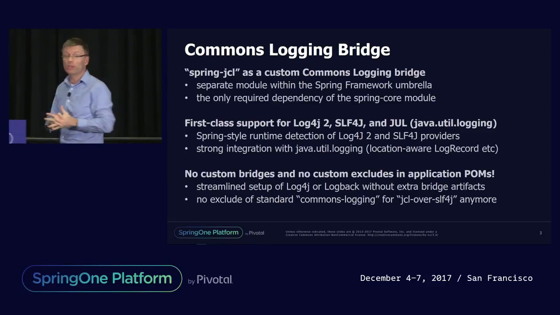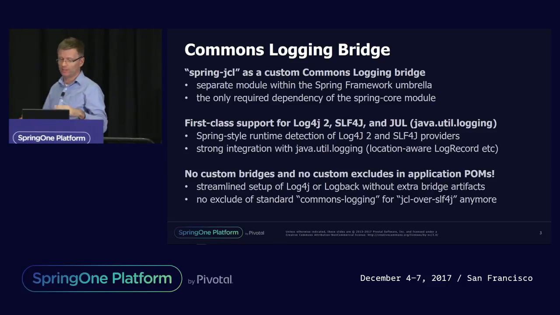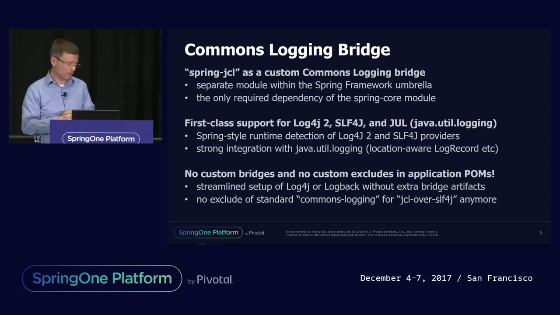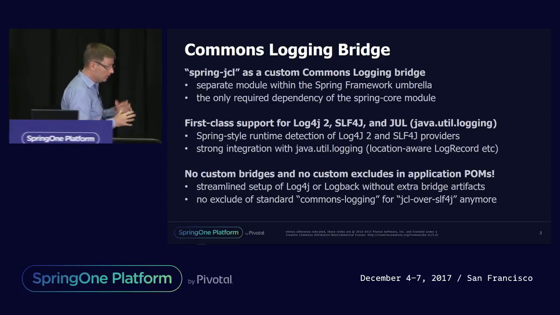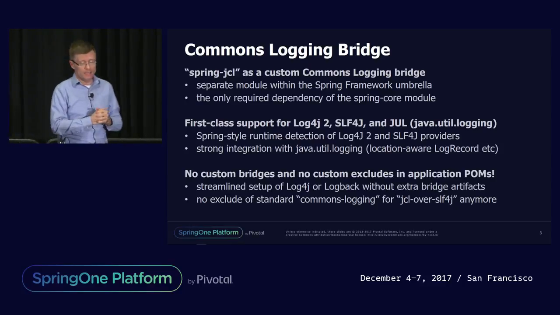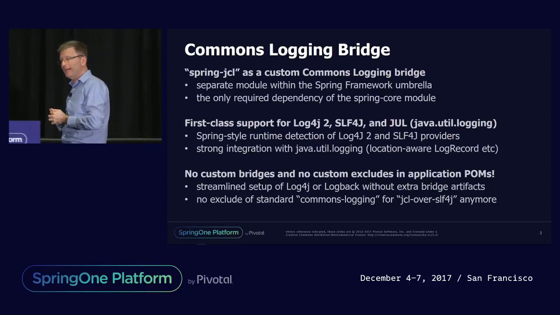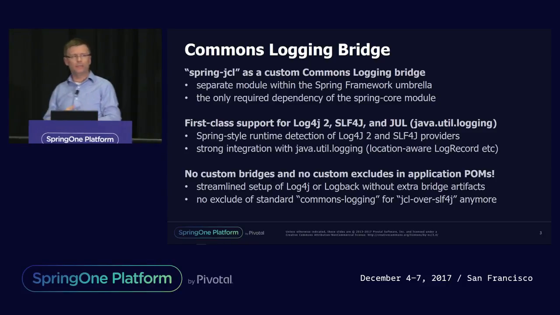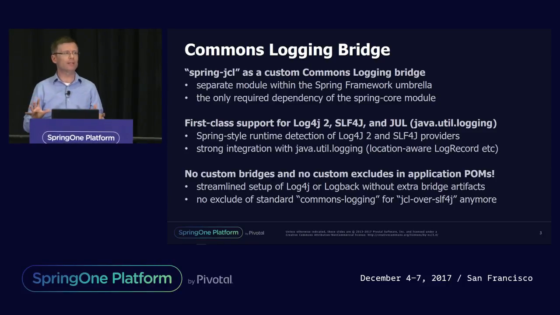It was actually commons logging based. For the longest time, it was, in the very early days, Log4j 1.2 based, but for everything that matters in Spring's history, it was commons logging based. And the commons logging API is actually shining through in quite a few places. It's not a totally internal dependency.